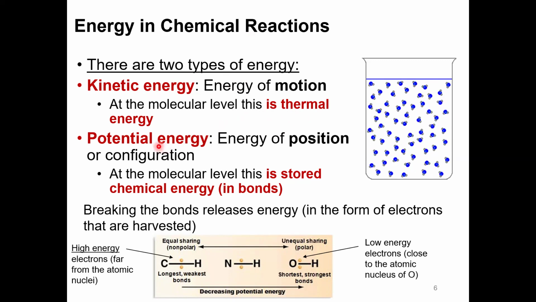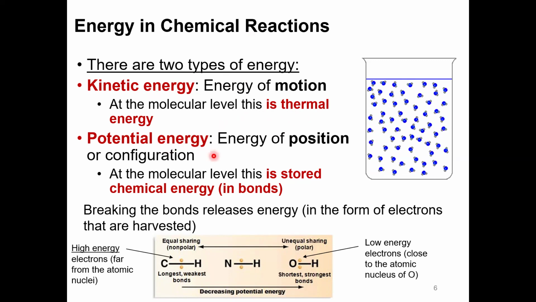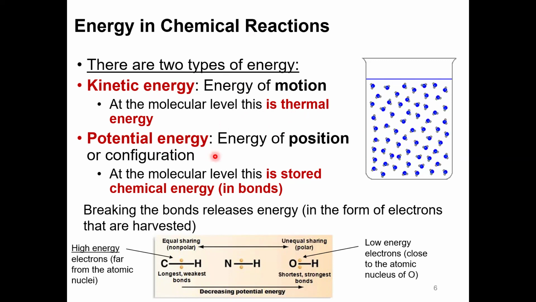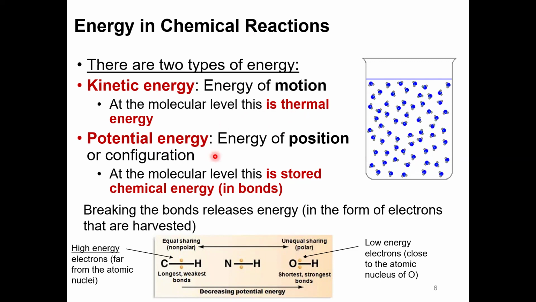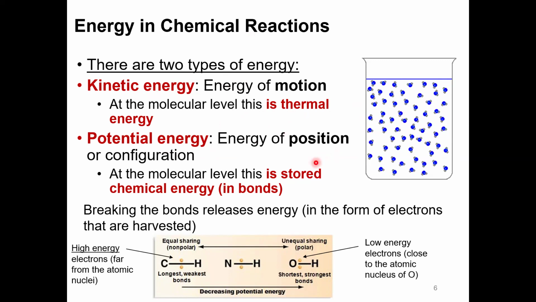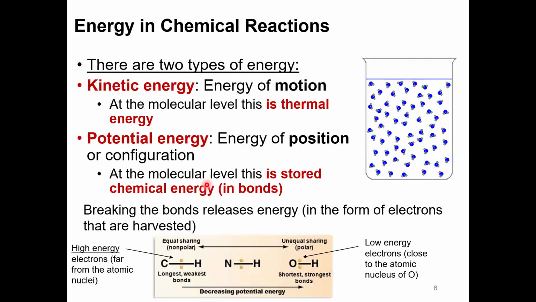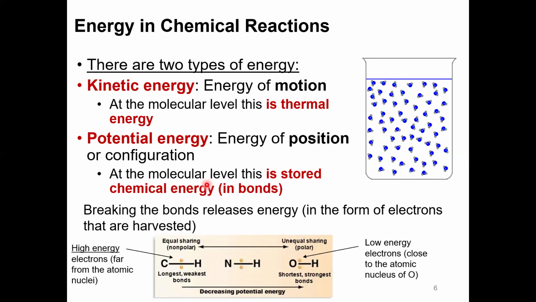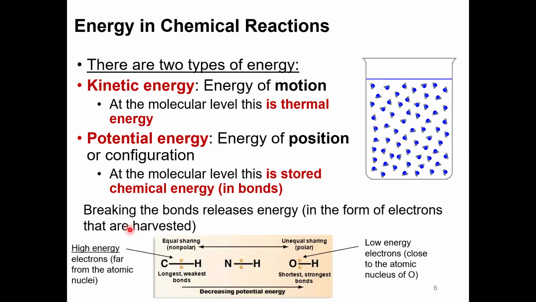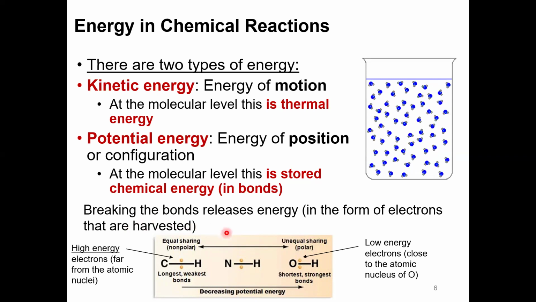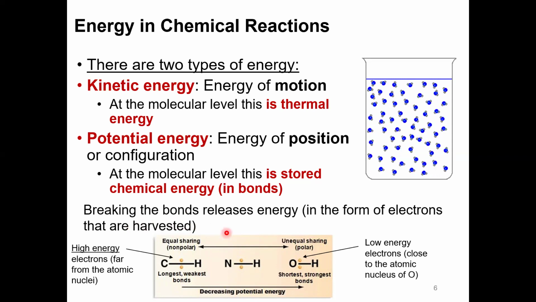Now, like we talked about with potential energy, this is the energy of position or configuration. So it's more within the chemical bonds. It's chemical energy that's in the bonds themselves. And breaking these bonds ends up releasing the energy in the form of electrons.